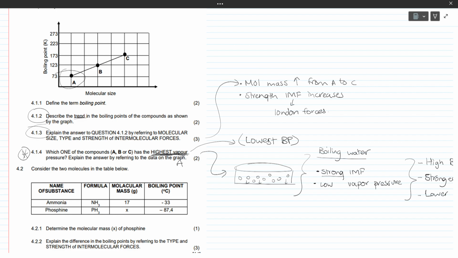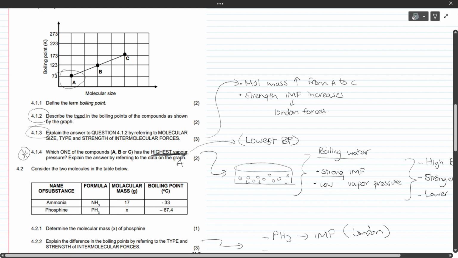Okay, question 4.2.1. They're giving you a table with the molecular mass and boiling point, and they're asking you to calculate the molecular mass, which we haven't done, so we're going to leave that out. Then they want you to explain the difference in the boiling points by referring to the type and strength of the intermolecular forces. So just as a guide for how you should answer it, first you need to state for PH3 what type of intermolecular force you have, and here it should be London forces.